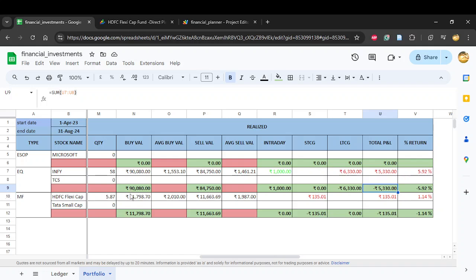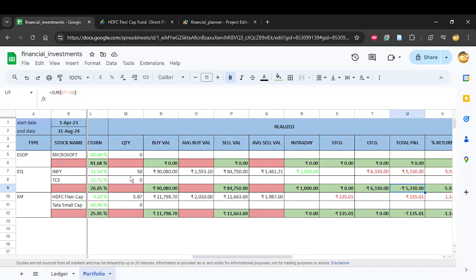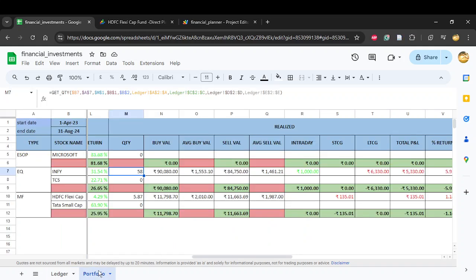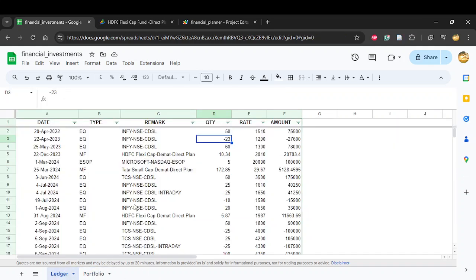Now, let's have a quick look at whether these quantities are coming as intended. Let's go back to the ledger and see what was the actual amount of Infosys shares that we sold between these two periods, from 1st April 23 to 31st August.